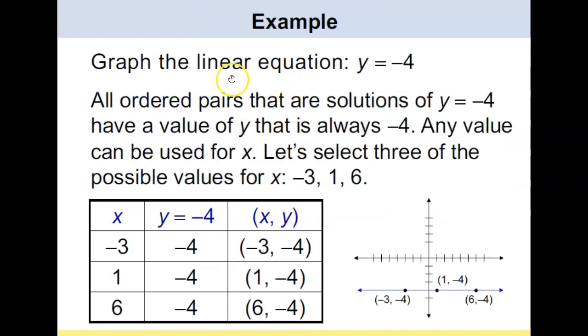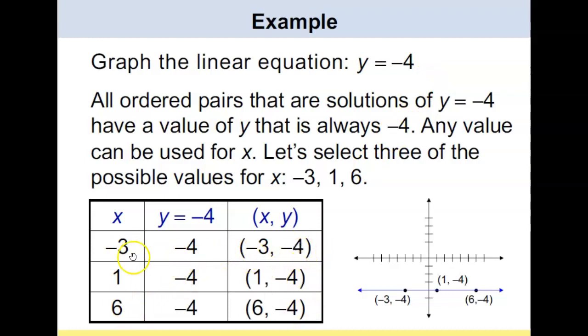So if I'm asked to graph y equals negative 4, here's the way I like to have students do it: you make some points. Say x is -3, what's y? Well, if x is -3, y is -4 because y is always -4 is what that means. So pick some values for x. You could pick 0, 1, and 2. It doesn't matter. But y is going to be -4.